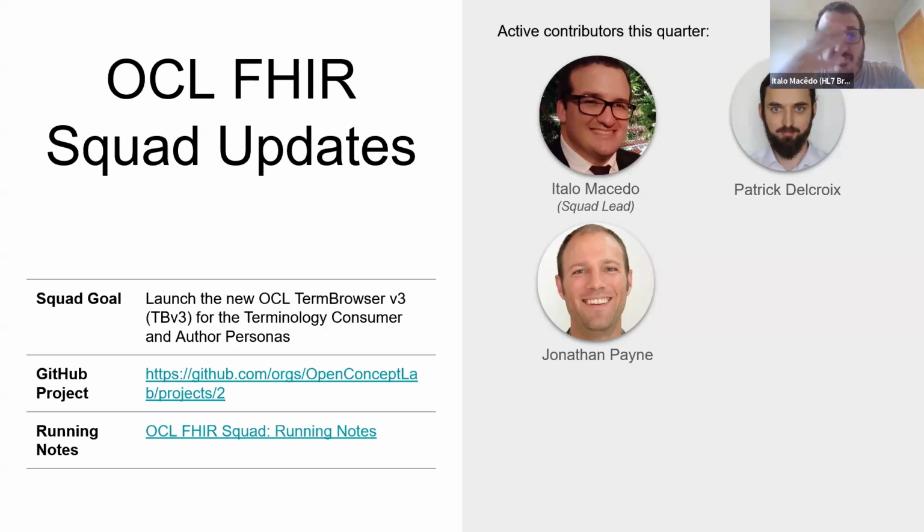I work with the Ministry of Health from Brazil, so all of the implementation guides that we have are in the realm of Brazil, in Brazil's jurisdiction. So all of the code systems and value sets need the display element of the codable concept in Portuguese.